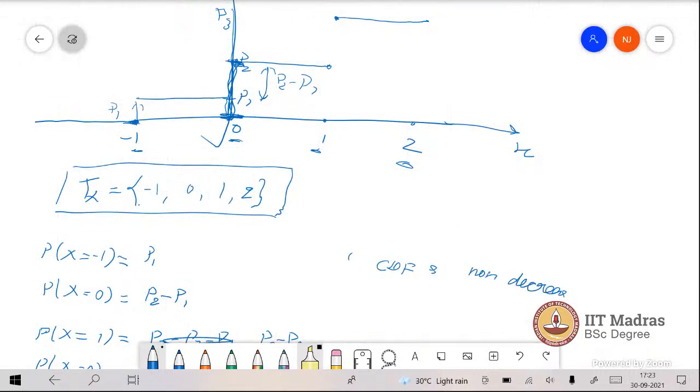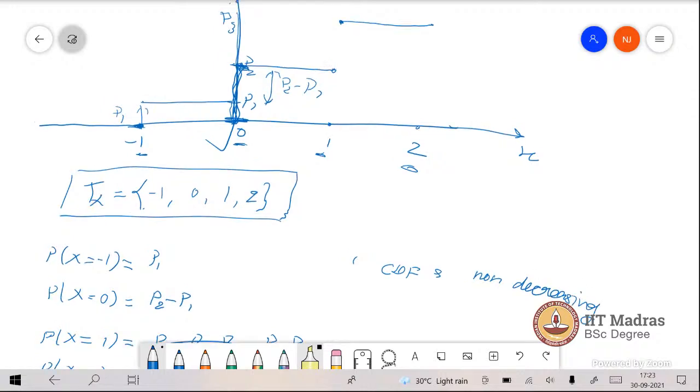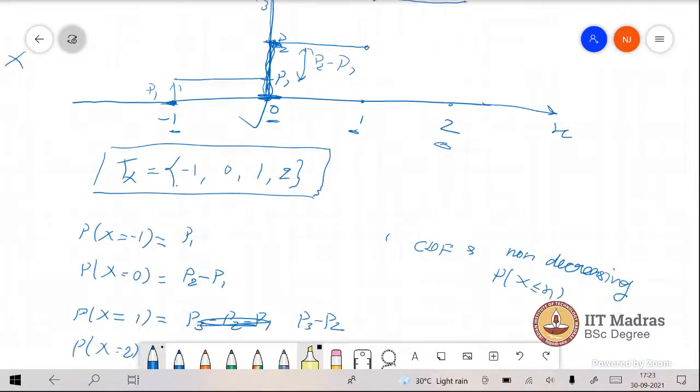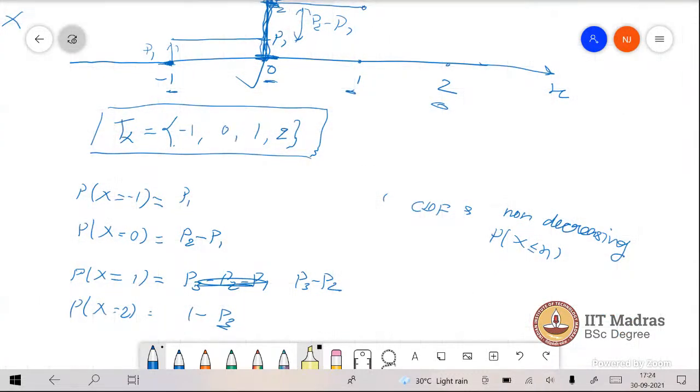It always increases, because it counts the probability that X is less than or equal to x. So it is always a sum of probabilities. If you go to higher points, it may add some probabilities. It will never decrease; it will always increase or stay the same.